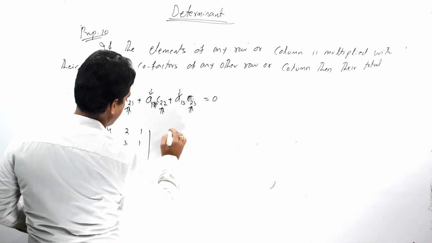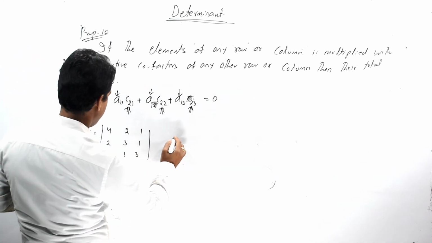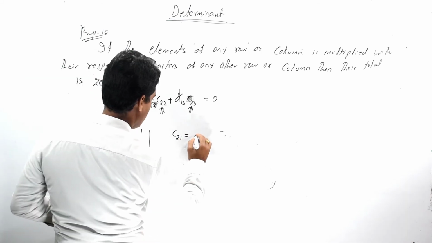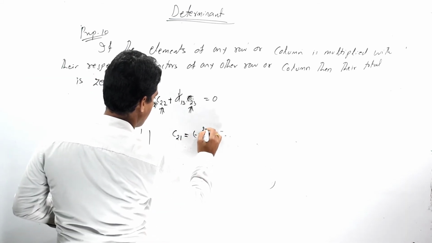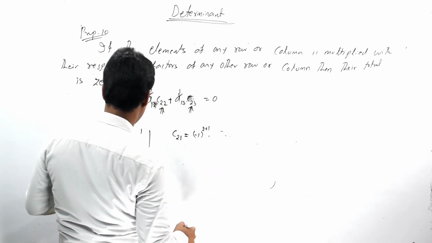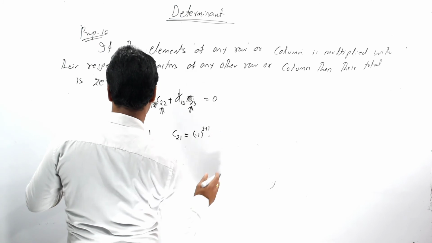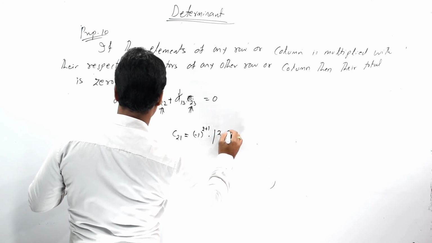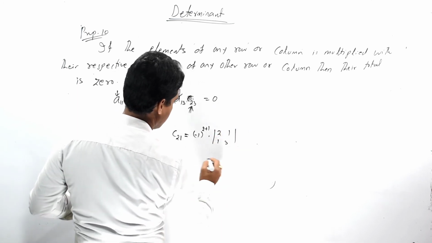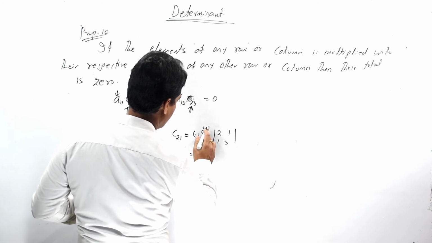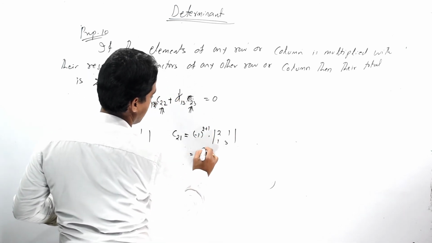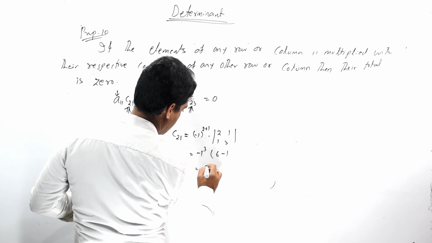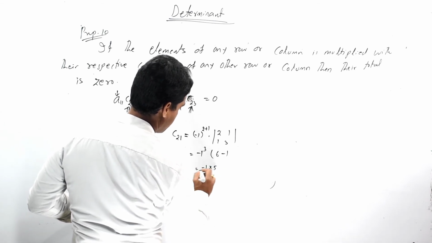Let's find out the cofactors of the second row. C21 equals minus 1 to the power 2 plus 1 into the minor M21, that is 2 1 1 3, so minus 1 to the power 3 into 2 into 3 is 6 minus 1, that is minus 1 into 5, minus 5.